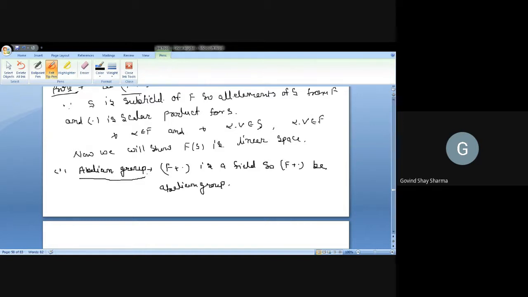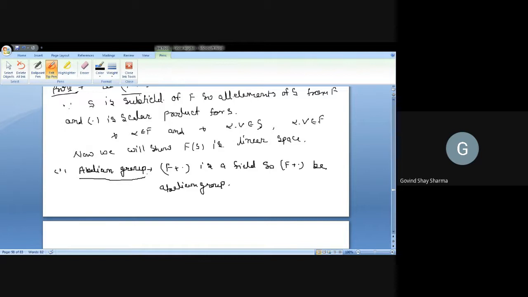Students, in abstract algebra we already know that a field is also a commutative ring with unity, an integral domain, and a ring has the property that F plus is an abelian group.